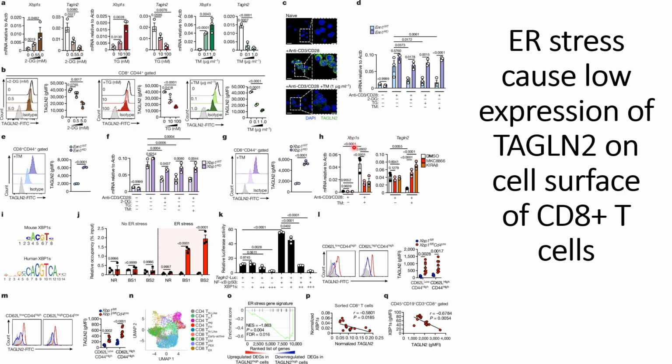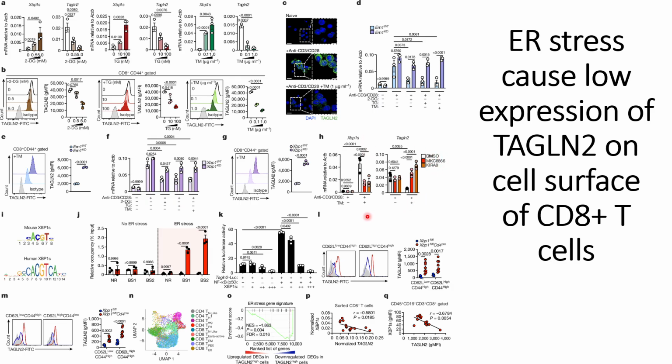Thereafter they validated these results by deactivating XBP1 using two reagents, MKC8866 and KIRA8, and they can see that in both conditions they see increased TAGLN2 expression, and simultaneously reduced expression of XBP1s, because it has been inhibited by their inhibitors.